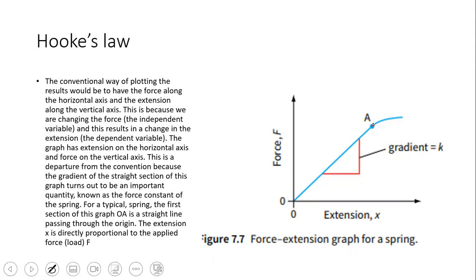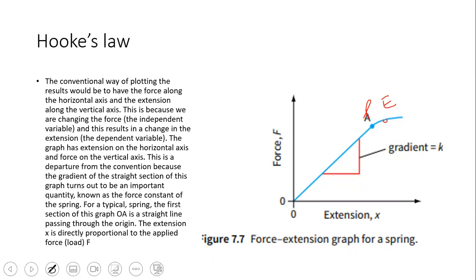Below it, force and extension are directly proportional to each other. After point P, the point of proportionality, we have another point just a little bit ahead, and that is known as your elastic limit.